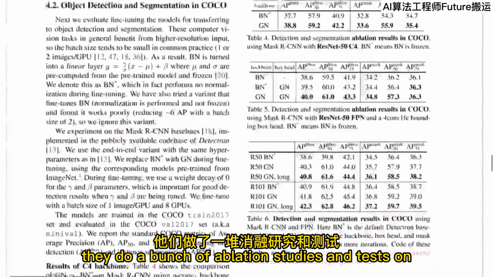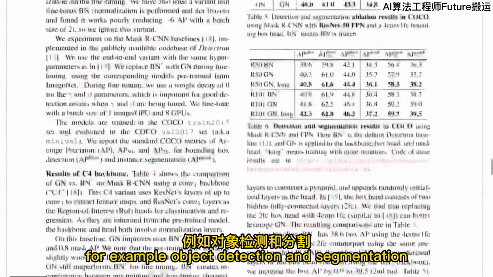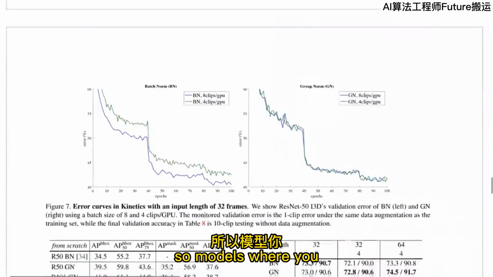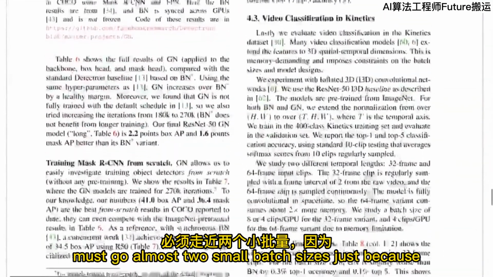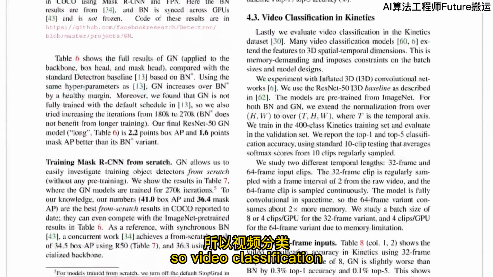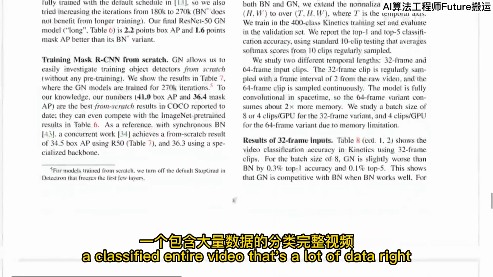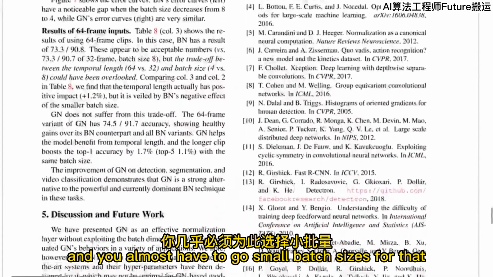They do a bunch of ablation studies and tests on, as we said, for example, object detection and segmentation. So models where you must go almost to small batch sizes. Also video classification. If you want to classify an entire video, that's a lot of data, right? And you almost have to go to small batch sizes for that.